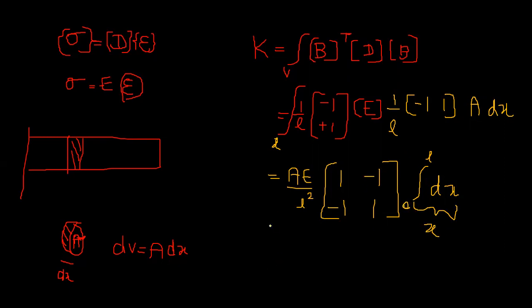So that becomes L. That L is cancelled out with this L, right? So your stiffness matrix for a bar element with 2 nodes will be like this. Simple as it is.